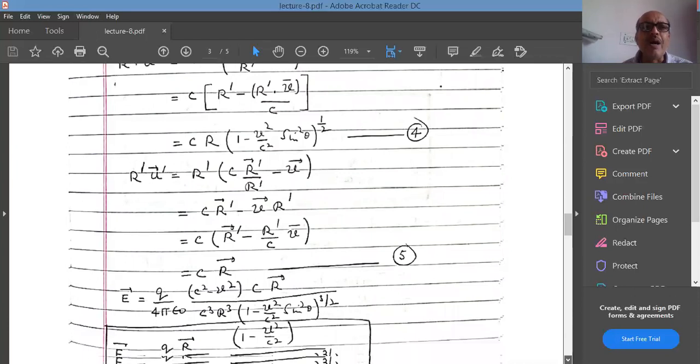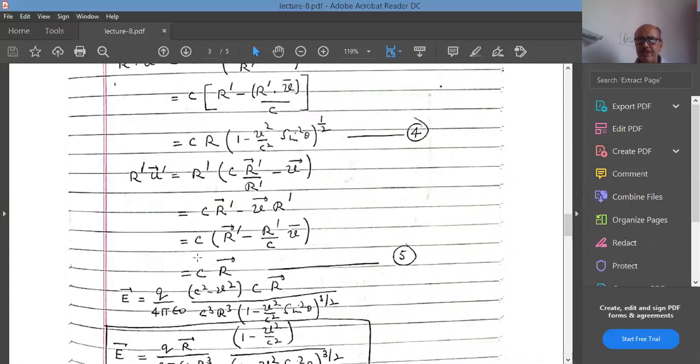So c into r. So we again pull out c from here. So c comes out and we are left with r dash minus r dash upon c into b. And if you make use of equation number 1, we can write it as c into r, because whatever is written inside the bracket is vector r.